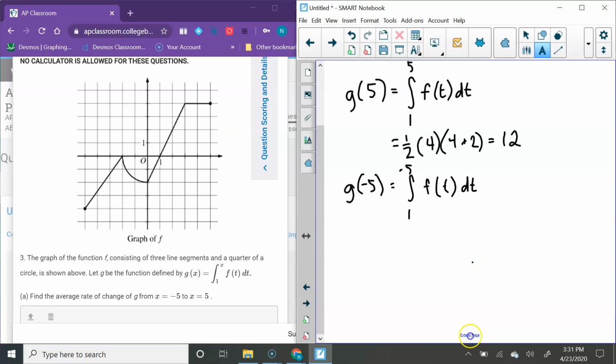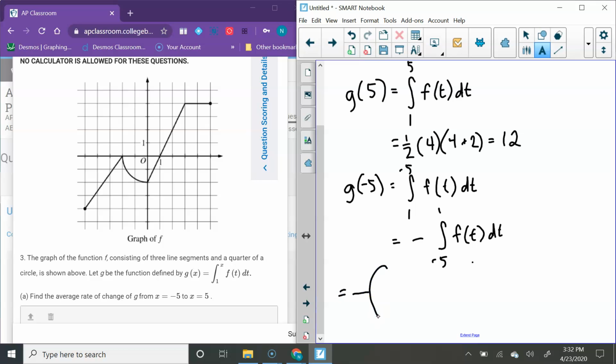And I don't like the way that looks right there, because 1 is larger than negative 5. So I'm going to flip that around, and when I flip it, I've got to put a negative out front. So integral from negative 5 to 1 of f of t dt. So whatever I get right here has a negative out in front of it, so I'm going to change its sign.